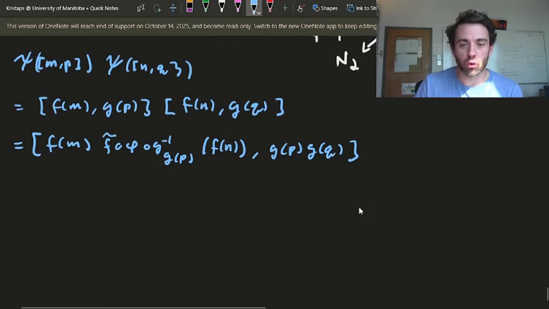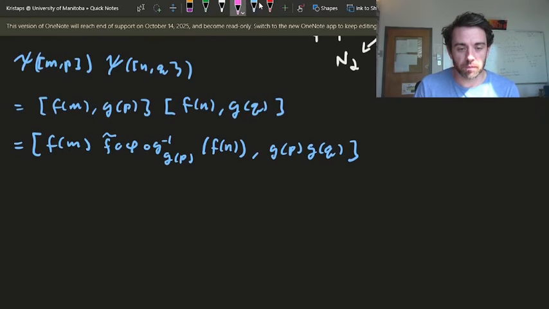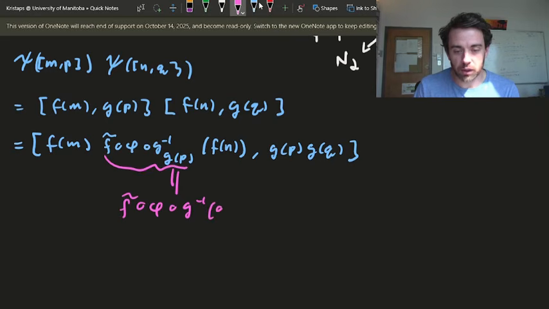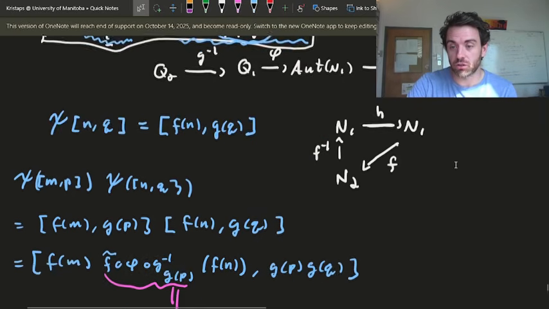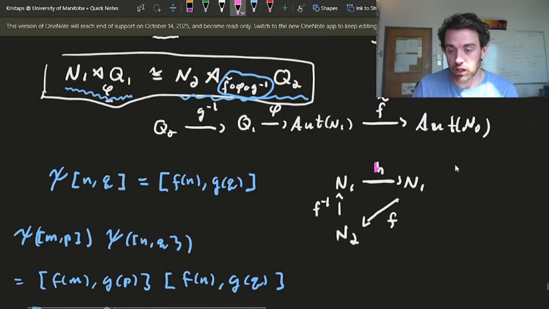Okay, so we're going to look at this wacky part in the middle. So f tilde composed with psi, composed with G inverse, sub gp. This really means, applied to g, applied to p. So in other words, this is f tilde applied to f at p. f at p is an automorphism of N1, right? So that is, if I scroll back up to a little diagram, that's like this H here.